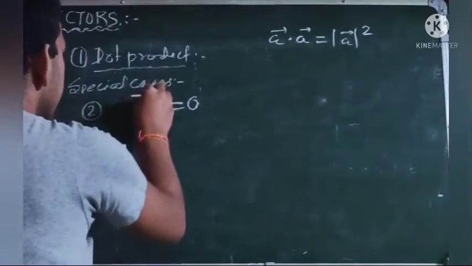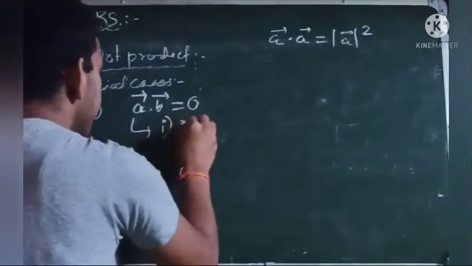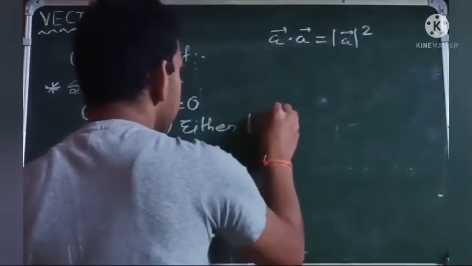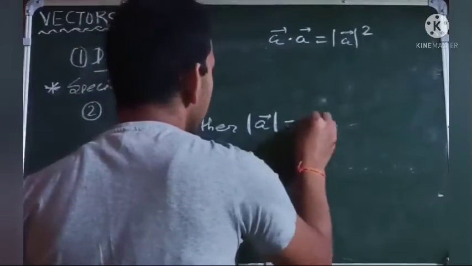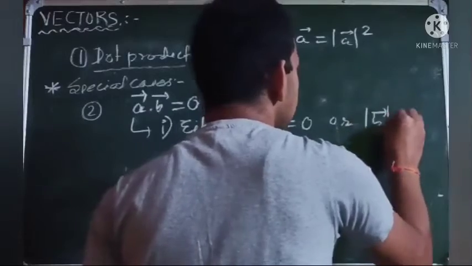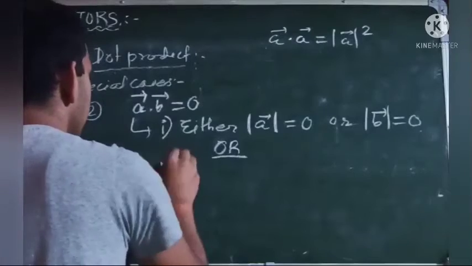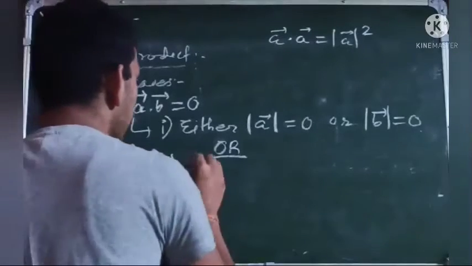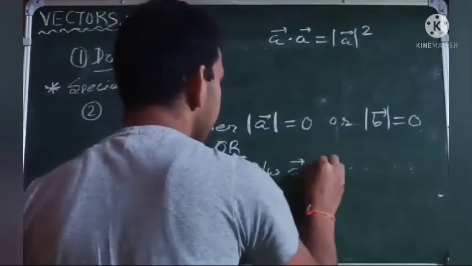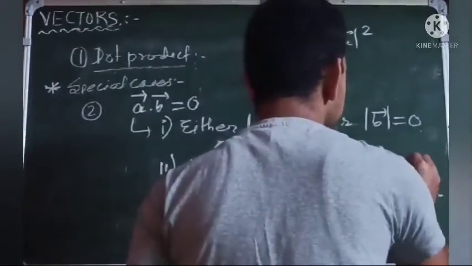Then from this equation we can derive that either magnitude of a vector is equal to 0, or magnitude of b vector is equal to 0, or, second expression, the angle between a vector and b vector is 90 degree.